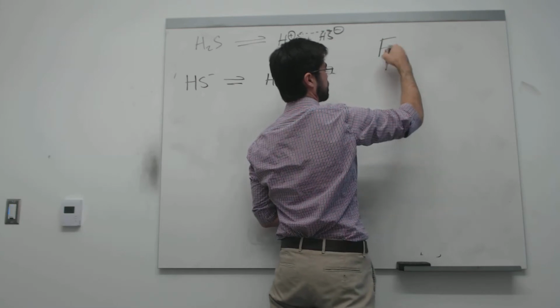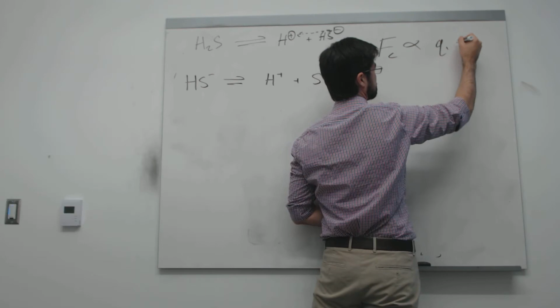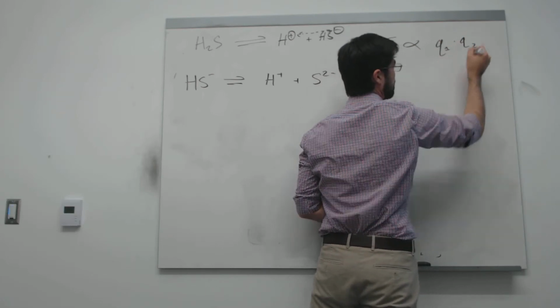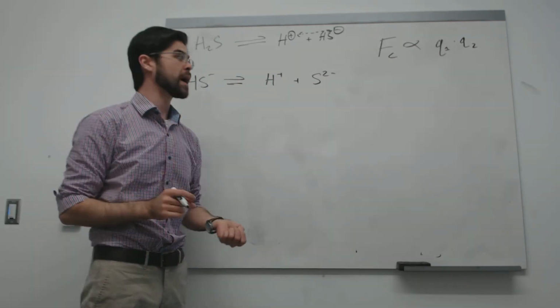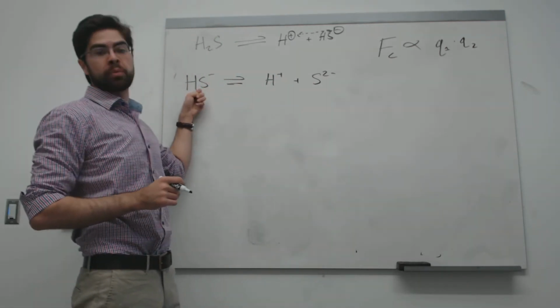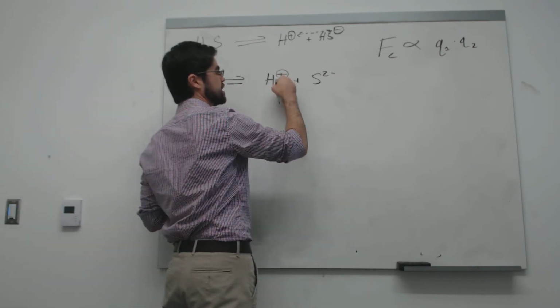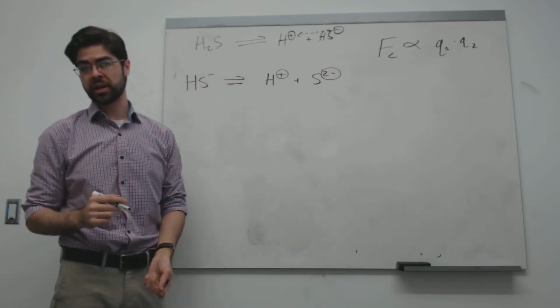Coulomb's law tells you that the attractive force between two charges is proportional to the magnitude of those two charges. The larger the charges, the stronger the attraction. When I try removing the second proton, I'm now trying to separate a singly positively charged ion and a doubly charged ion.